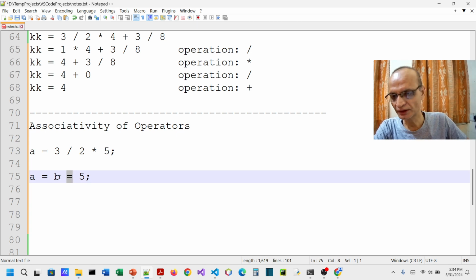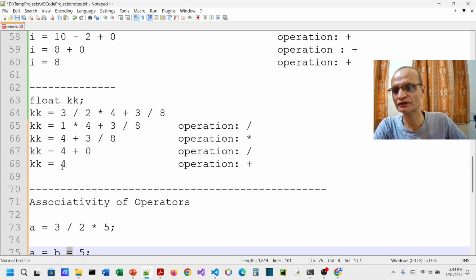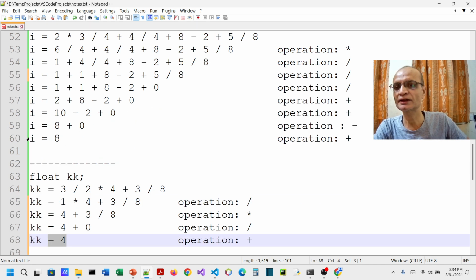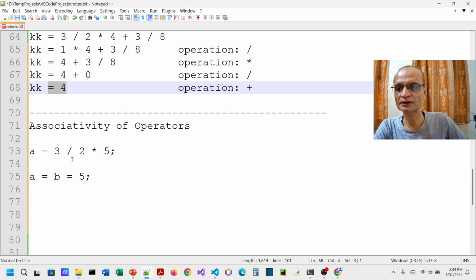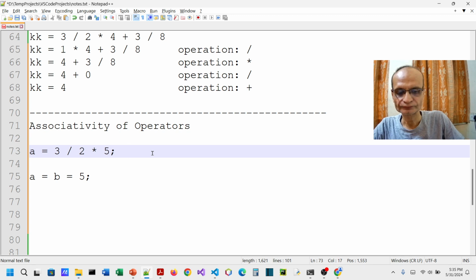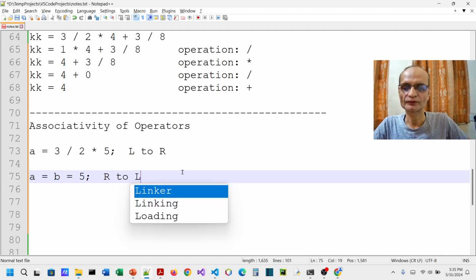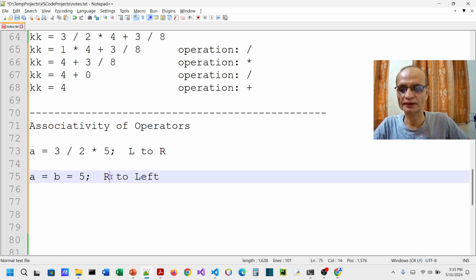Because 5 is assigned to B, then B is assigned to A. So it is from right to left, and I believe we know that, like when the final answer of KK was 4, so 4 was assigned to KK. Similarly here 8 was assigned to I. So the point here is it's a right to left associativity. Here we considered left to right associativity with respect to division and multiplication. Here it is R to L, right to left associativity.